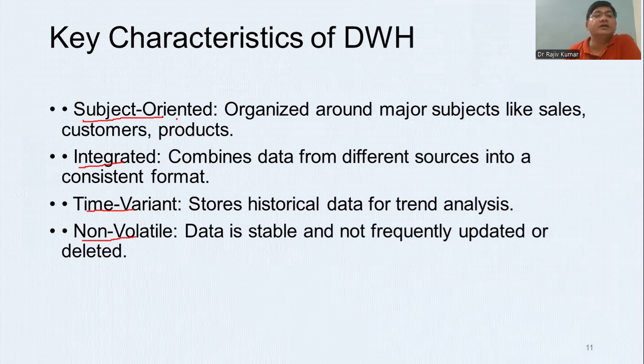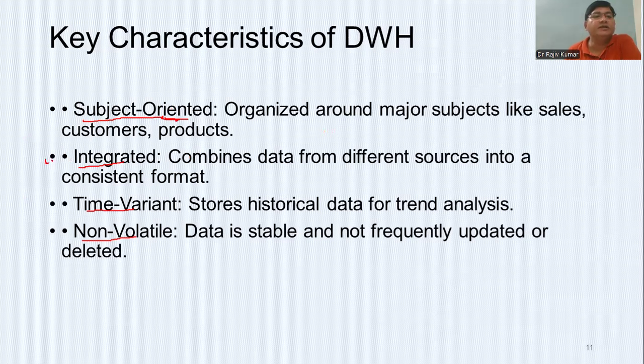So this defines the subject. What subject are you dealing with? If you are managing sales, it may be the sales department. If you are going to purchase something, you may be from the customer department. So these are subject-oriented.